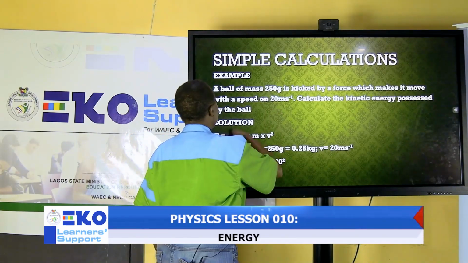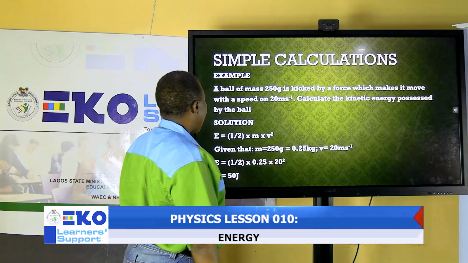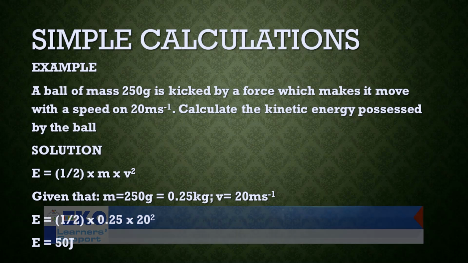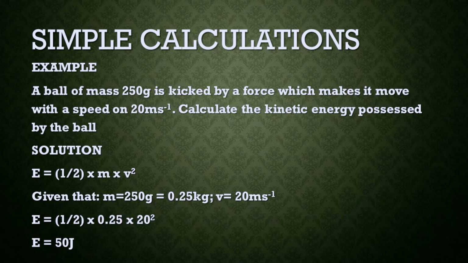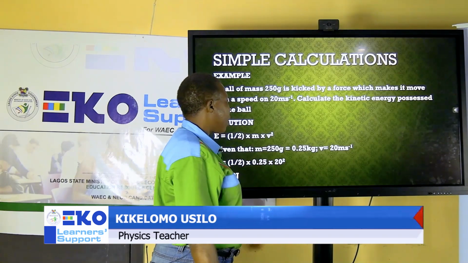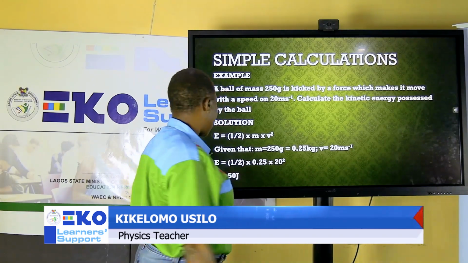We have our mass as 250 grams and we have our velocity as 20 meters per second. So given that m equals 250 grams, converted to kilograms, we have 0.25 kilogram, and the velocity is 20 meters per second.